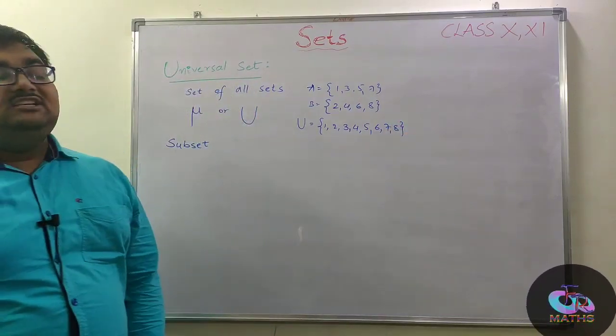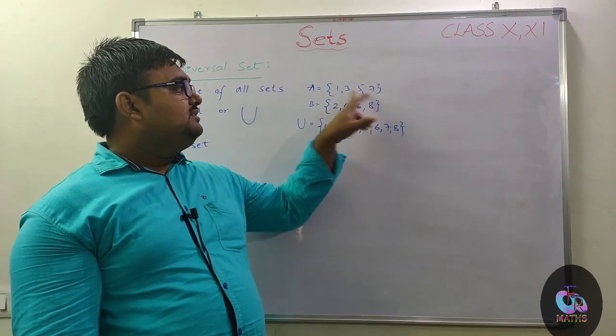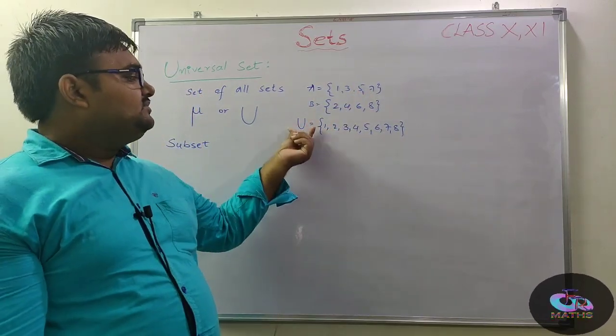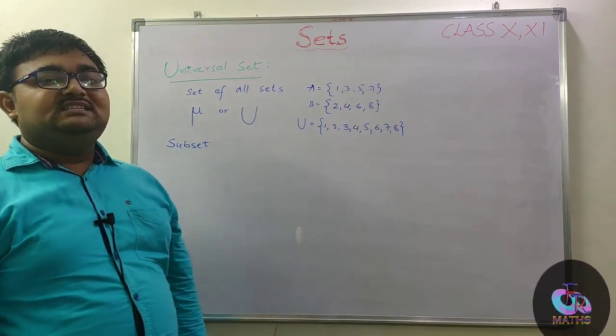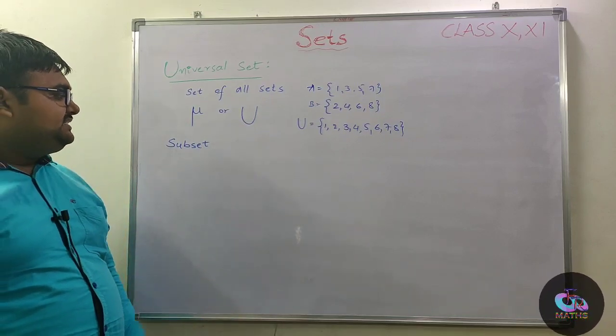Here we are discussing the elements of set A and set B. If you combine them, you get the universal set. So the universal set is the set which contains all the elements of the sets.